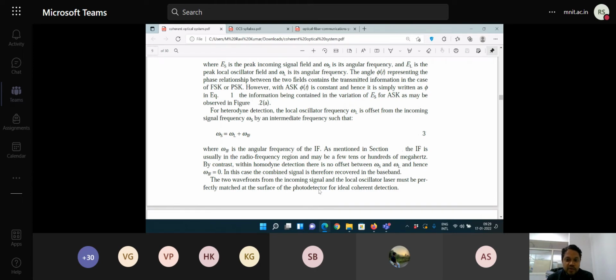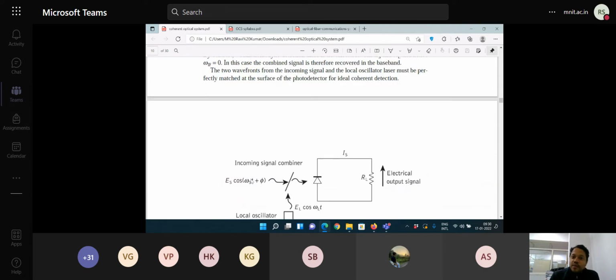So there's a catch with homodyne detection. The two wavefronts coming in at the detector, one from the transmitted signal and one from the local oscillator, must be perfectly matched for ideal coherent detection.